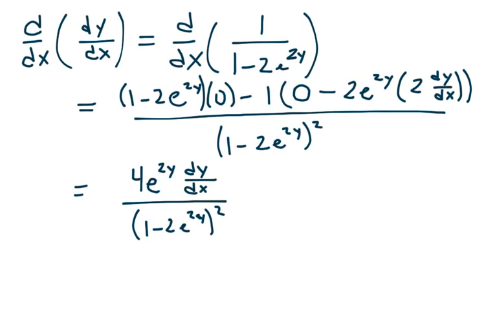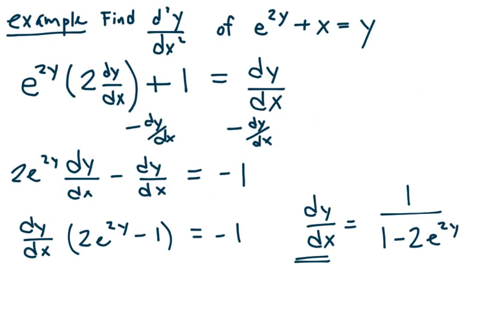And we don't want to leave our answer with a dy dx in it, but from the previous page, we know that dy dx is 1 over 1 minus 2e to the 2y.